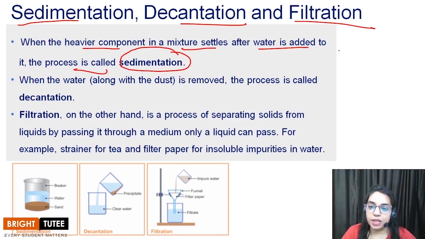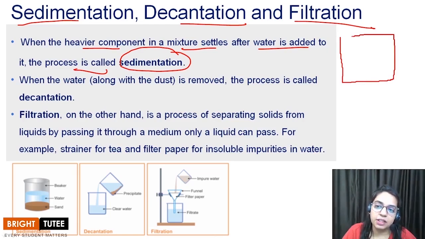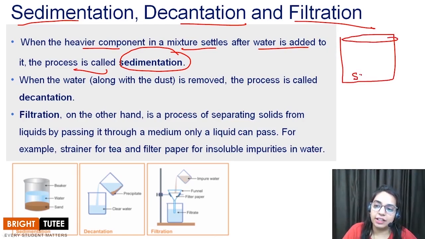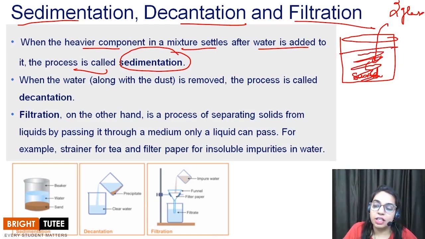Okay, so let us discuss this with the help of an example. Suppose we have a beaker and we have sand in it, and we mix some water, say 2 glasses of water, in this. When we mix water in this, the sand will ultimately settle down at the bottom, right?